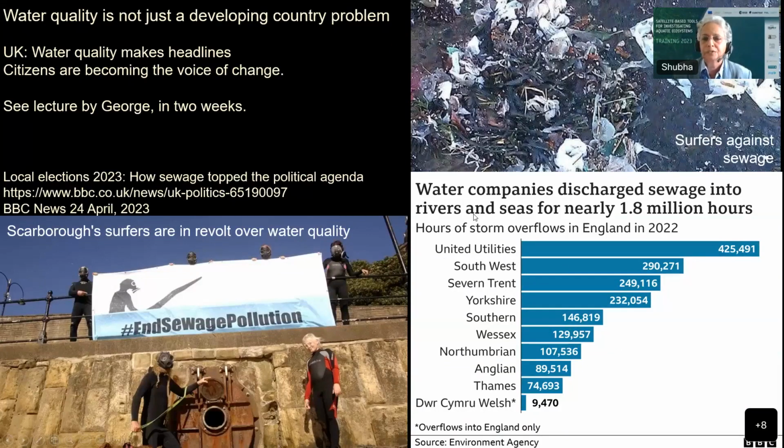Water companies who are charged to look after the treatment and discharge of sewage are frequently allowed to discharge untreated sewage into the sea and into natural water bodies. And so the culprits are here. And they add up to about 2 million hours of raw discharge being disposed into rivers and the seas.